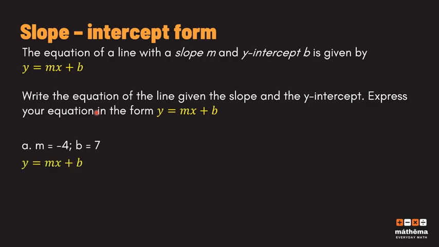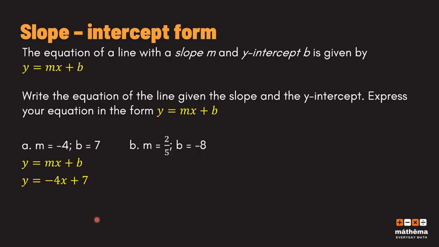So to do that, again, we will just simply substitute. We know that our m is negative 4, our b is 7. So what will happen is this: m negative 4, b 7. And that is our final answer.